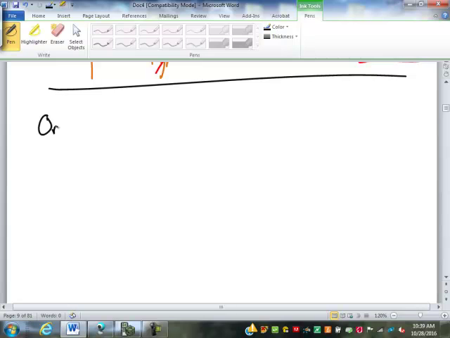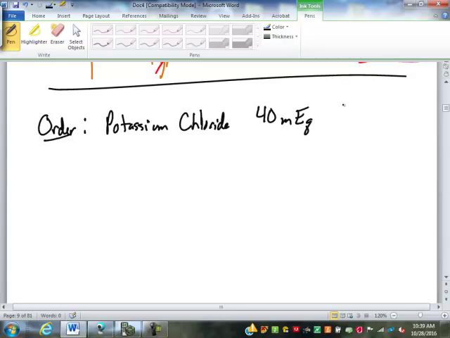So let's say you have an order for potassium chloride. What's 40 MEQ mean? Milliequivalent. Good. What's a milliequivalent? It's 1,000th of an equivalent.